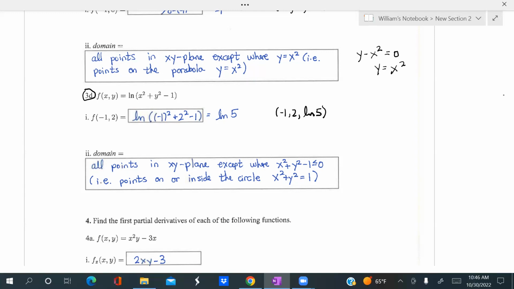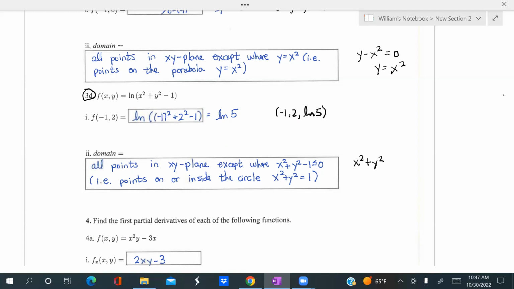So we're trying to solve this inequality, in other words, to figure out what values are not going to be in the domain. So let's solve that inequality.